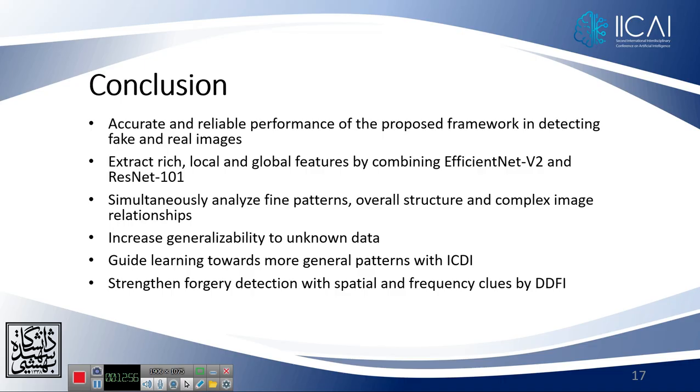Also, we introduced three innovation modules, which are ICDI, DDFI, and CMCL, for the cross-forgery generalization. The key message is that our method doesn't just memorize forgery patterns, it learns generalizable features that transfer to new manipulation techniques. This is exactly what real-world deployment requires.